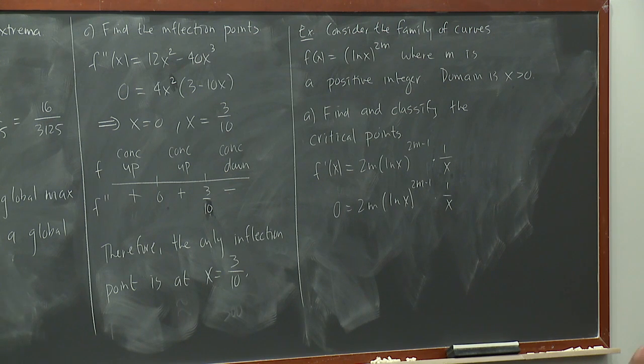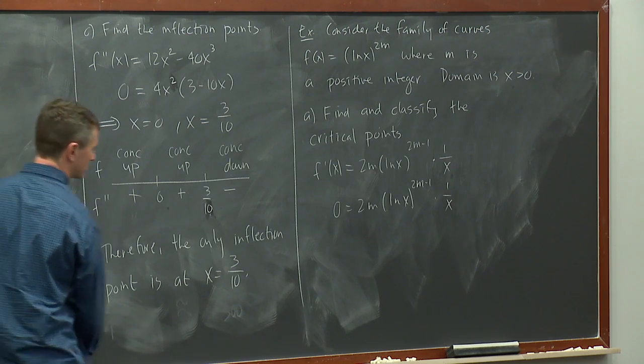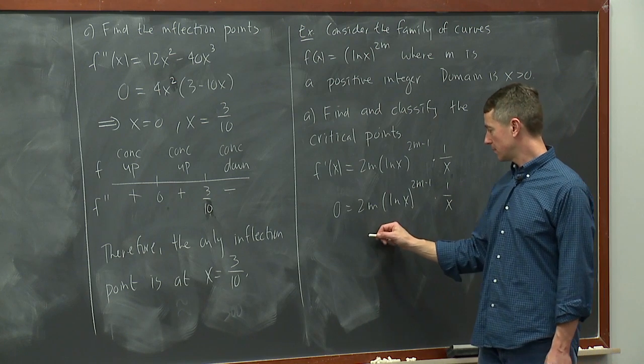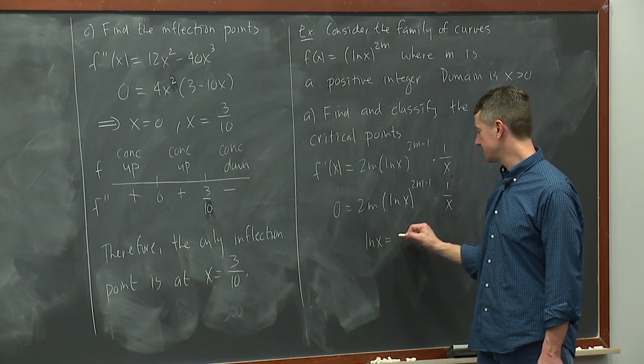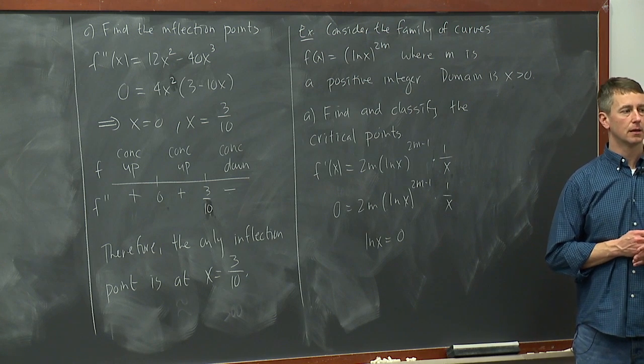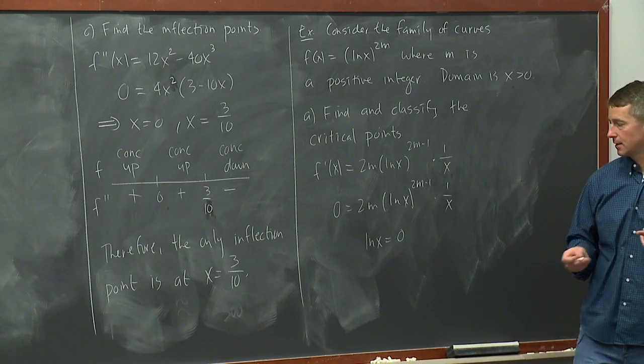Can ln of x ever equal 0? Well, we want ln of x to be 0. How do we solve an equation like that? Exponentiate, right? We do e on each side.